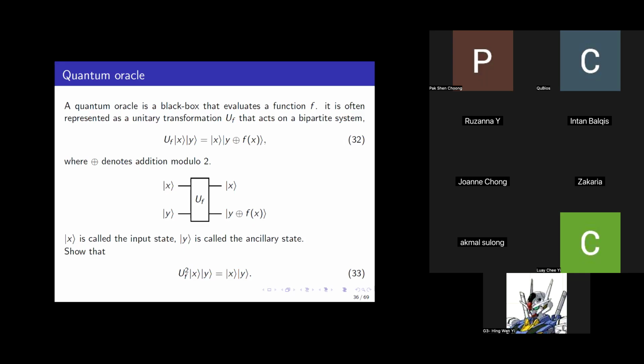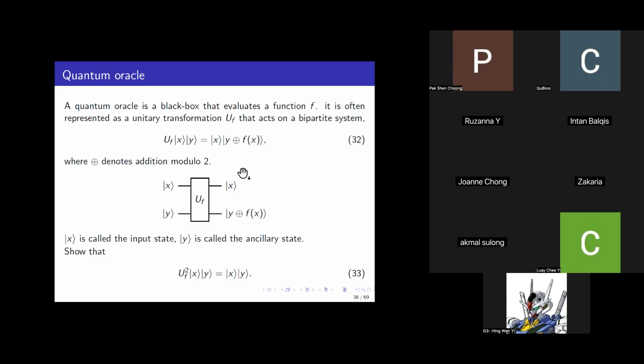Yeah. No, you don't exactly know what the quantum oracle is. It can be unitary, it can be something else. But you basically get some of the ideas correct.